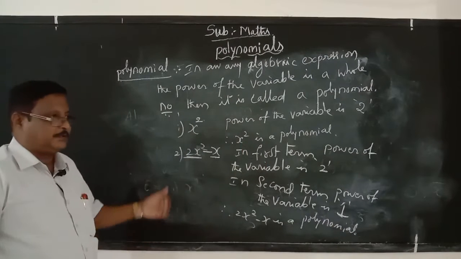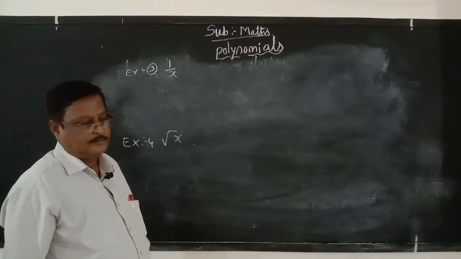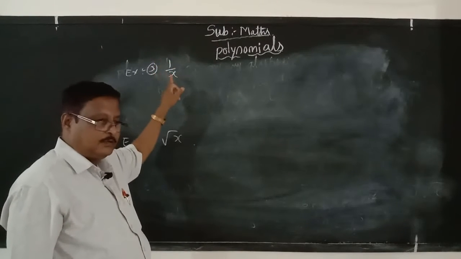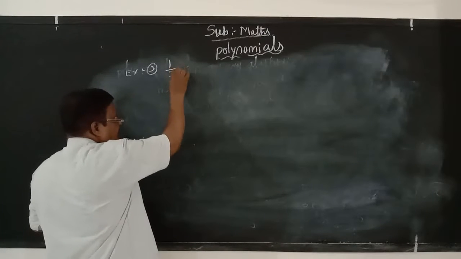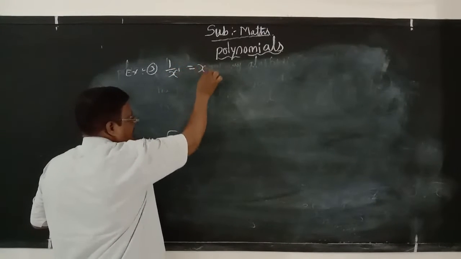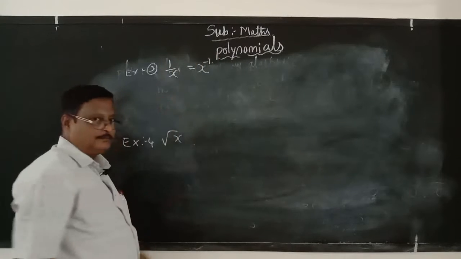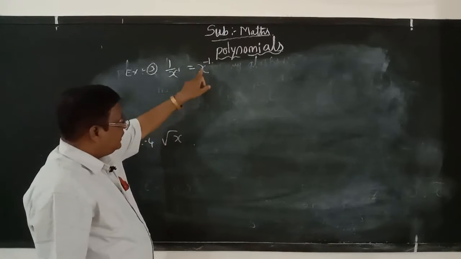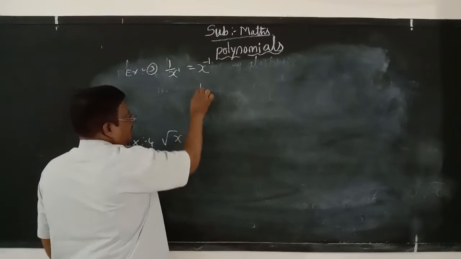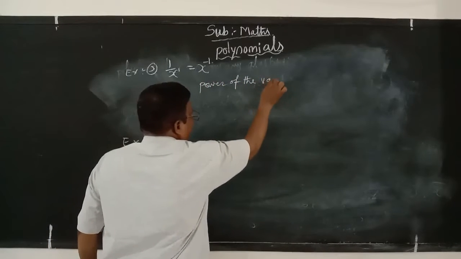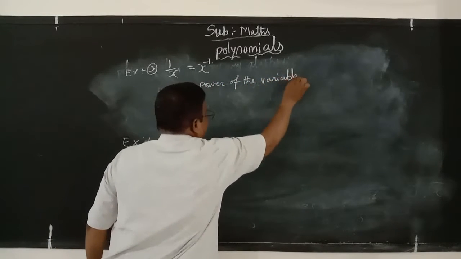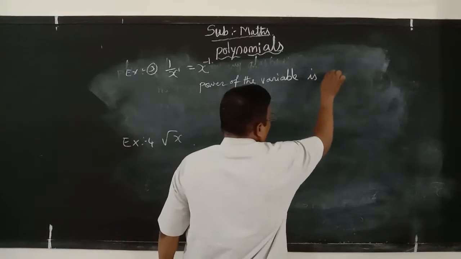Next example number 3 is 1 by x. Here x power is how much? 1 by x is nothing but x to the power minus 1. Here the power of the variable is minus 1.